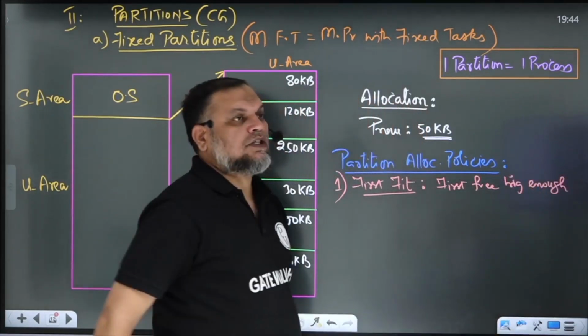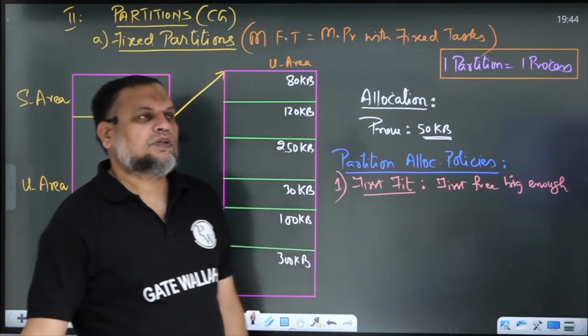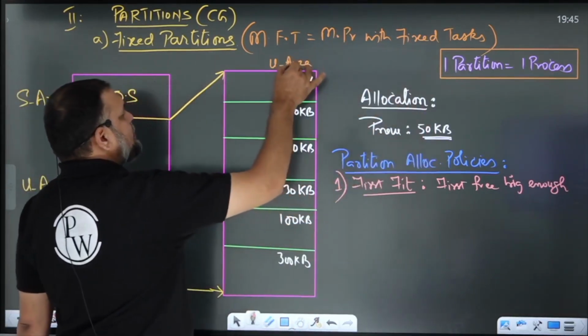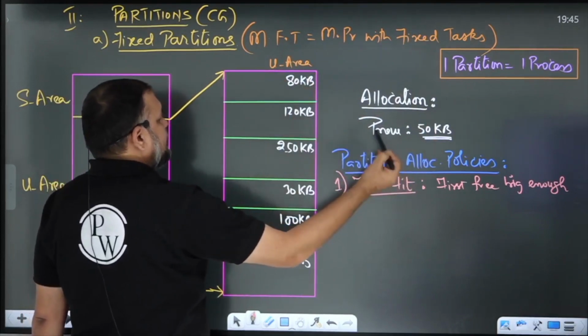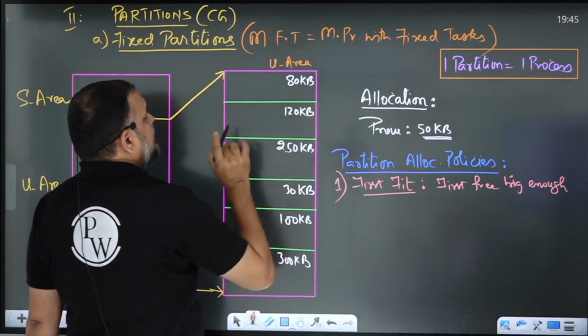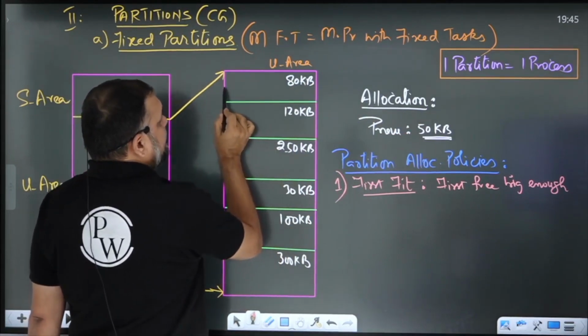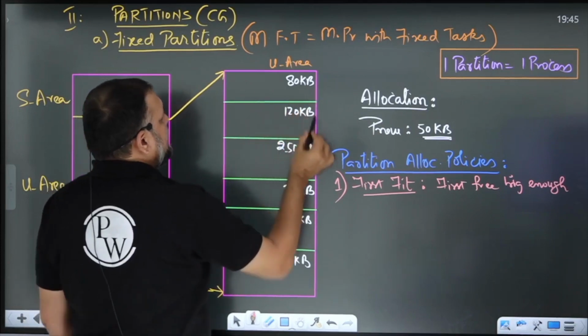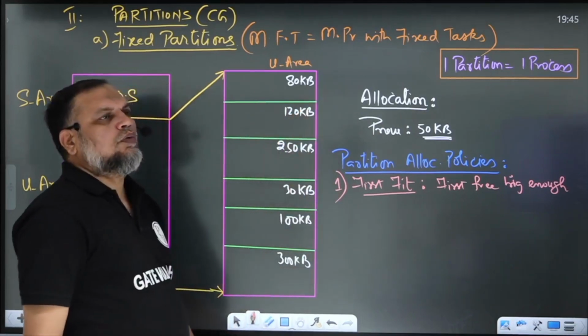First free big enough partition is first fit. That means when I want to place this process, start searching from the first partition which is big enough and free to place it. If all are free, I will place 50 KB in 80 KB. Dividing this one, I load 50 KB here and the remaining 30 KB free space will go waste.